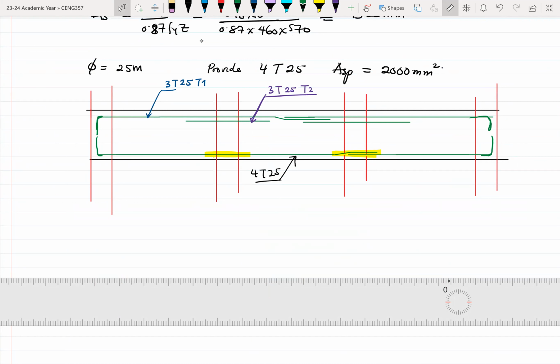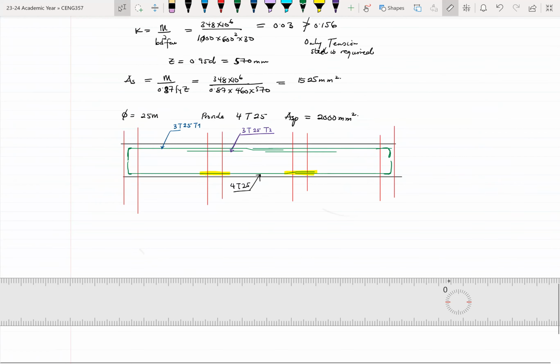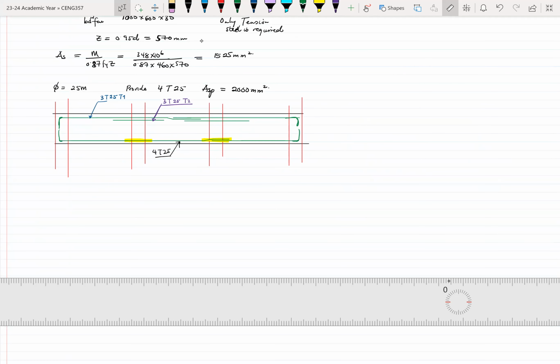Okay. So let me see what we have on this side. So we can add the shear.